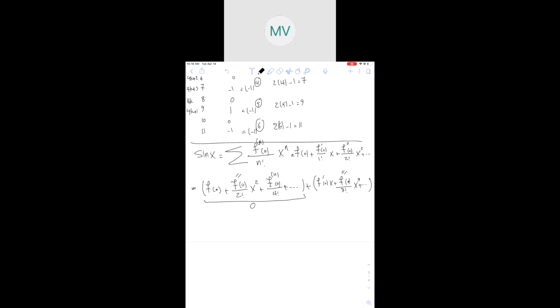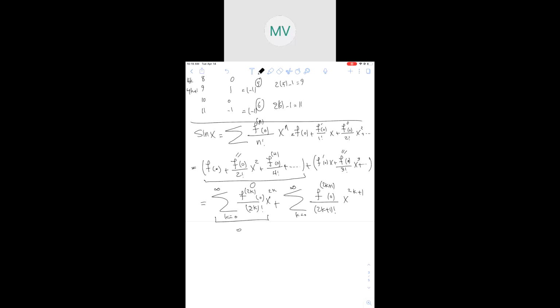By the way, you can see that this one can be written as the 2kth derivative of f at 0 over 2k factorial, x to the 2k, k from 0 to infinity. And the other one, you can write as all the odd indices. You can write it like this: the 2k plus 1 derivative at 0 over 2k plus 1 factorial, x to the 2k plus 1, k from 0 to infinity. So that's 0 for sine.